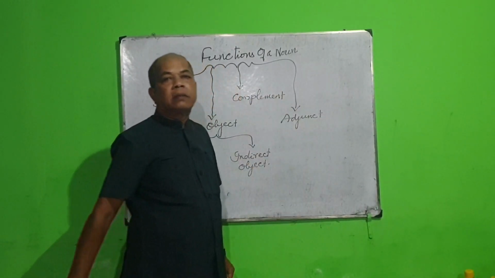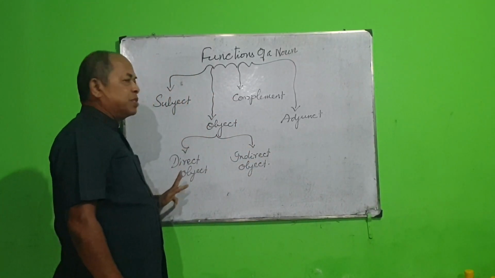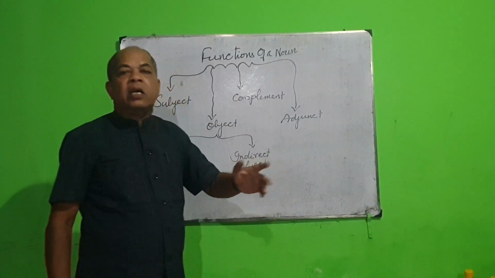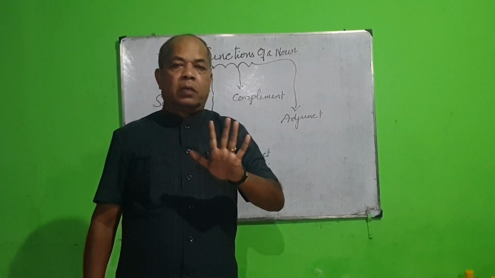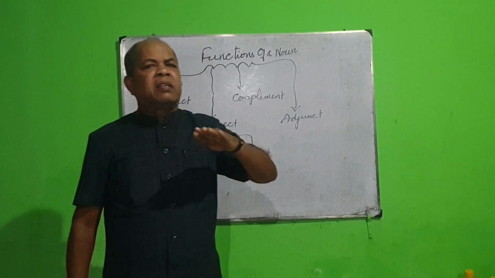So, subject, object, direct object, indirect object, complement, and adjunct are the important functions of a noun.